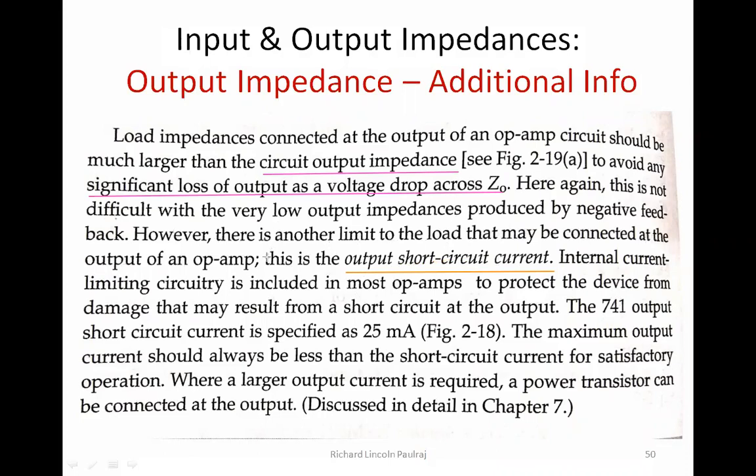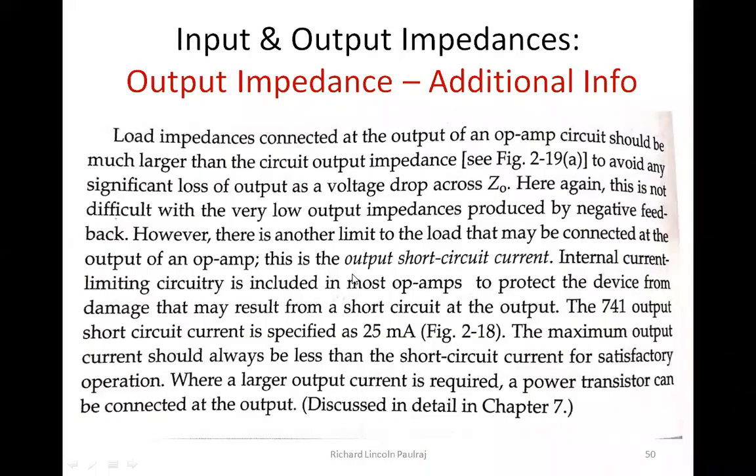So at the output you have a resistance, right? So this is the output short circuit current. Generally when we talk about transistors, there is something called ISC, short circuit current. So that is what it's referring to. Internal current limiting circuit.